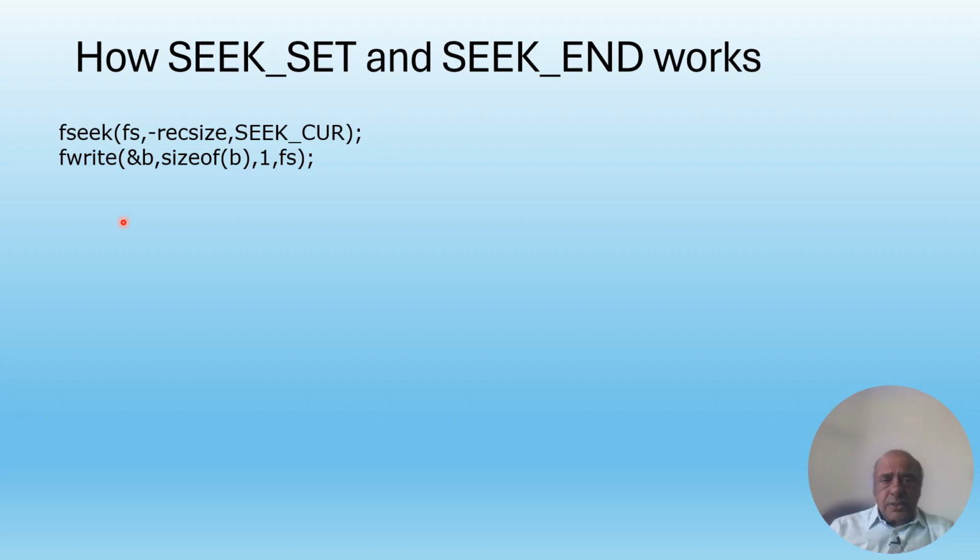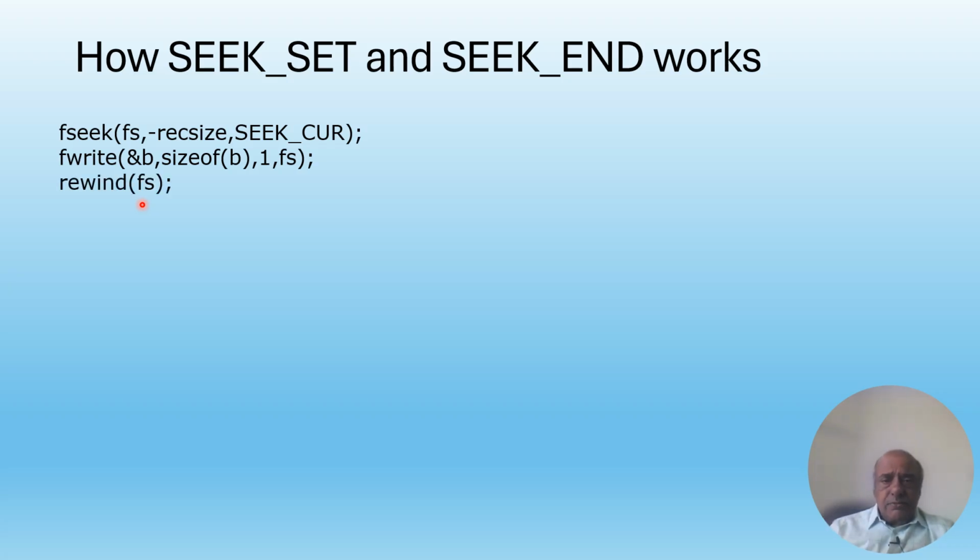Then we write the new data into this record using the fwrite function, &b. b is already holding the data of interest entered by the user. So that data will be written into the buffer for the record named BBBBB.